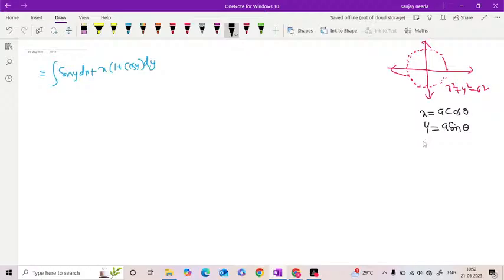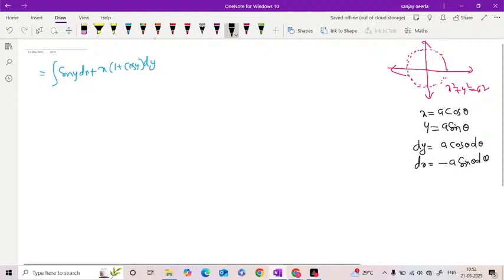And what is the dy value? dy is a cos theta d theta. Very good. dy is a cos theta d theta, and dx is minus a sin theta d theta.